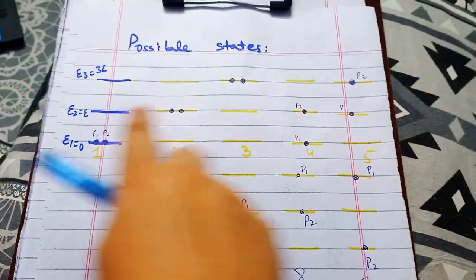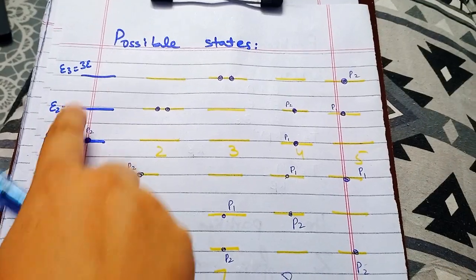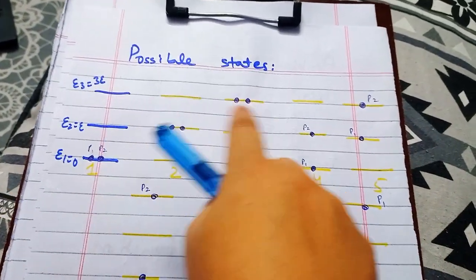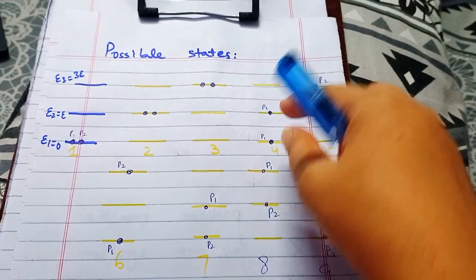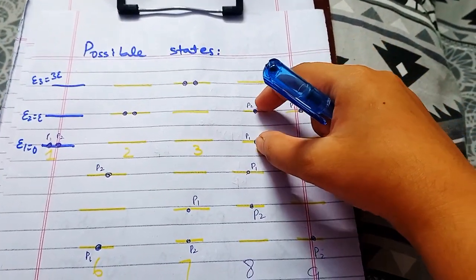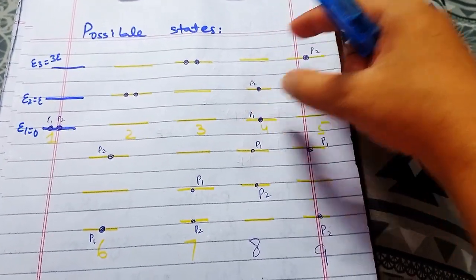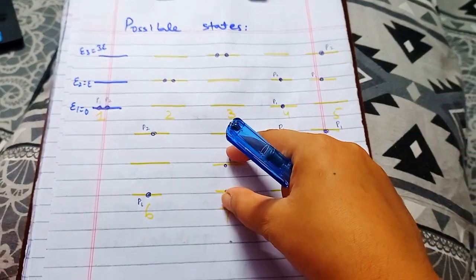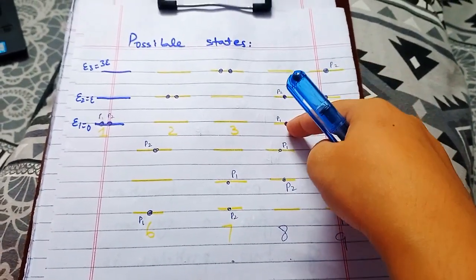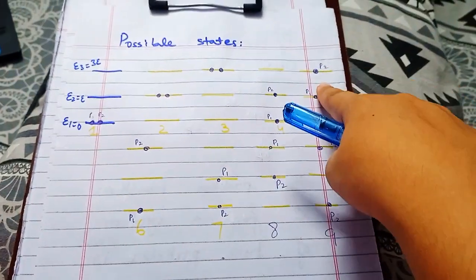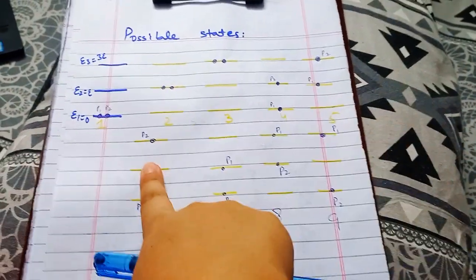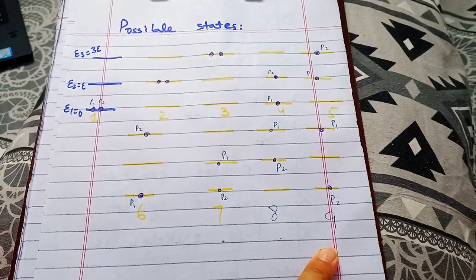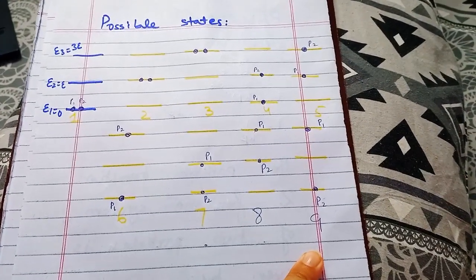So these energies are different, these states are different, so this permutation matters, but here the permutation doesn't make any difference. That is why we made another combination for each of these separate sections, one permutation for each, in which we just shifted the positions of P1 and P2. So we got a total of 9 different states.